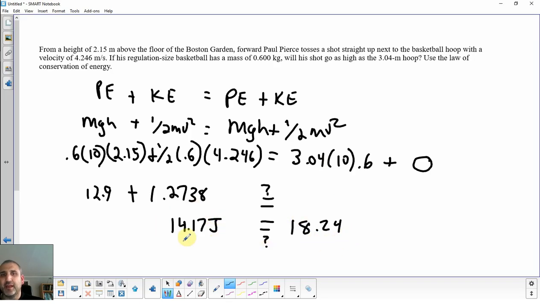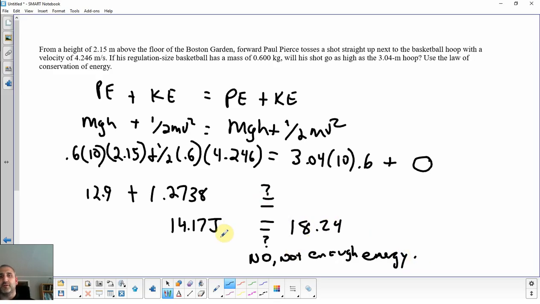Paul Pierce only gave it 14.17 joules. So you don't have enough energy from Paul Pierce in the beginning to get the ball to go 3.04 meters up. So the answer is no, not enough energy.